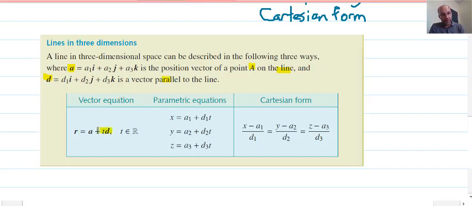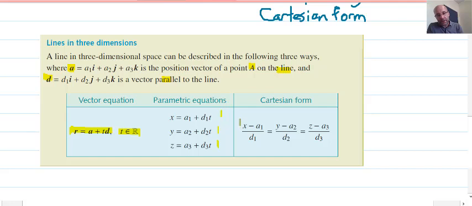That's your vector equation, where t is a real number. The parametric equations which support that are x is A1 plus D1t, y is A2 plus D2t, and z is A3 plus D3t.